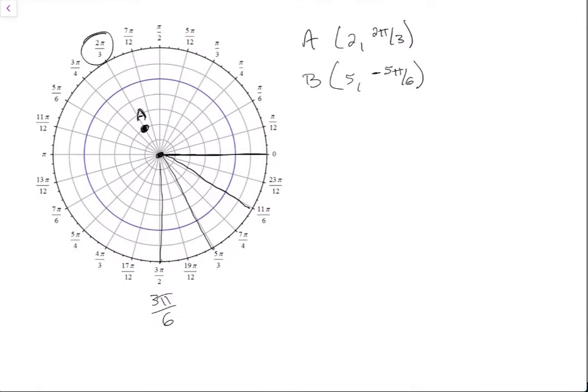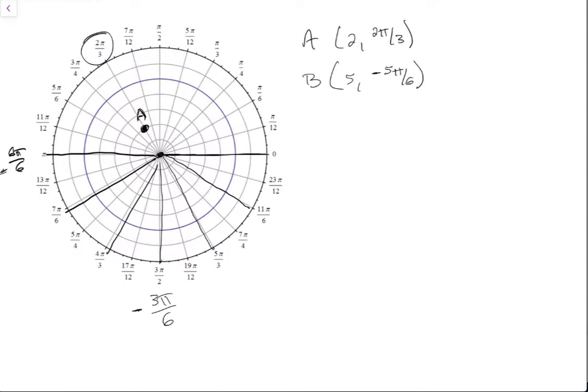And then I would have 4π/6, and then 5π/6, and then 6π/6. Of course, these are negative rotations that I just mentioned there. So I like to count my way around, that's how I personally like to do that.